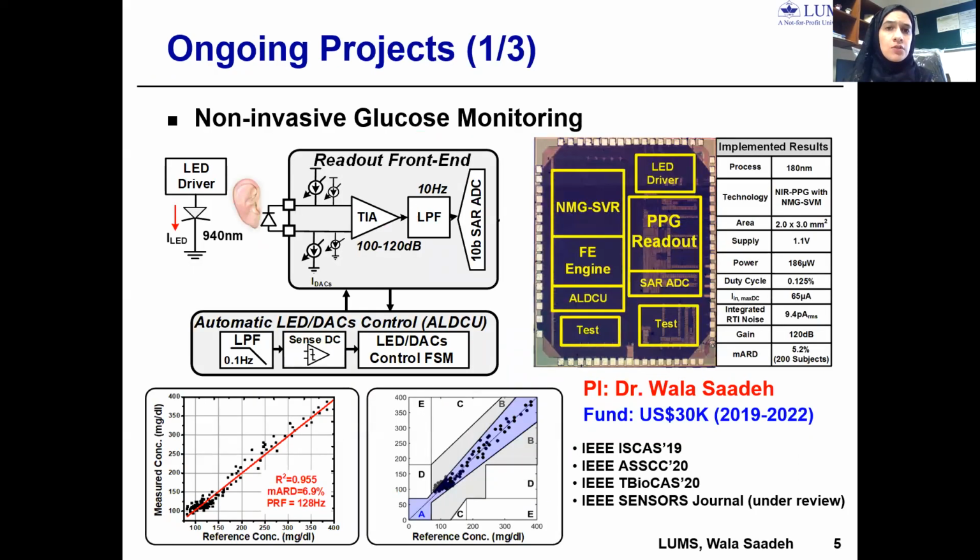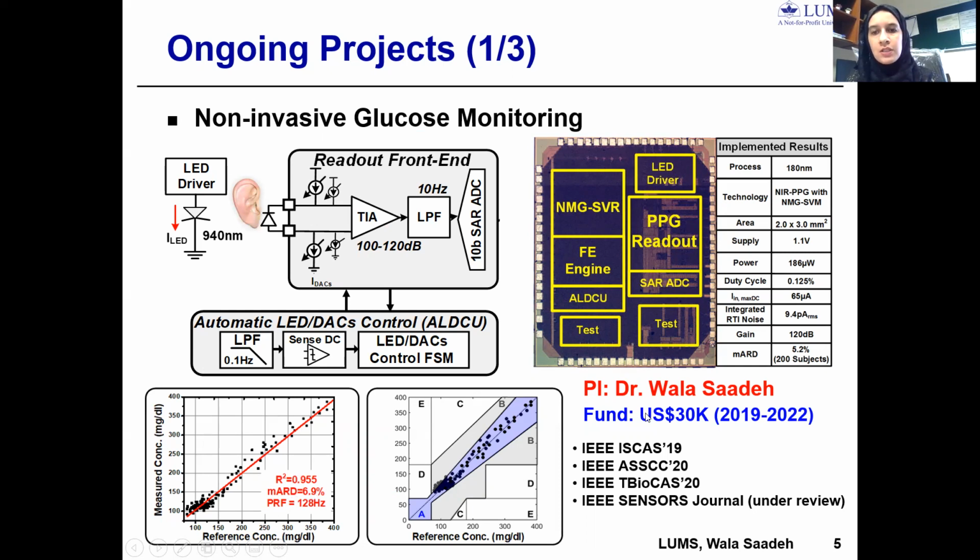My research projects focus on these chronic diseases. The first example is non-invasive glucose monitoring, where I worked on developing a PPG-based solution for measuring the glucose level in a non-invasive way. We have very good results with high accuracy in predicting the glucose level.